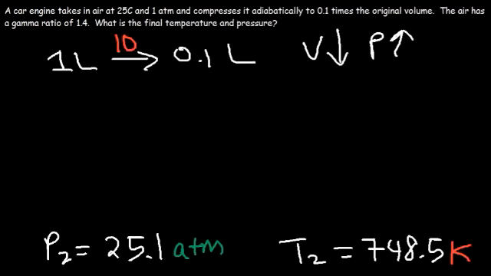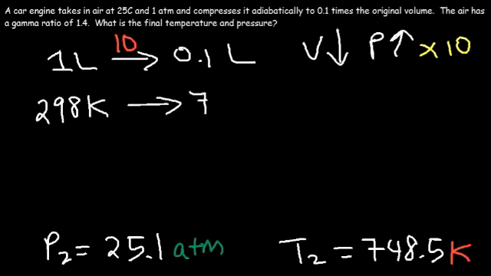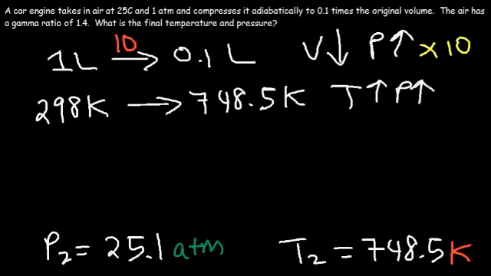By decreasing the volume by a factor of 10, the pressure actually goes up by a factor of 10. They're proportional according to Boyle's law. But let's look at the temperature. The temperature changed from 298 Kelvin to 748.5 Kelvin. When you increase the temperature, you also increase the pressure. If we divide 748.5 by 298, it tells us that the temperature went up by 2.51.